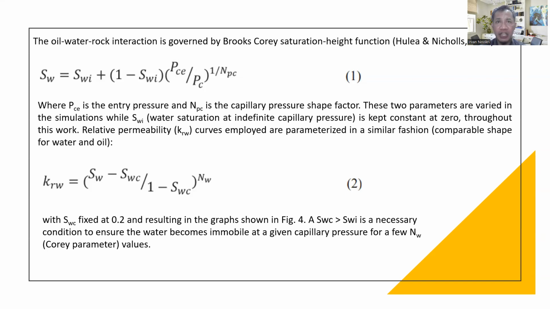The parameterization involves fixing the connate water saturation SWC at 0.2, which ensures the water remains immobile at specific capillary pressure for a certain value of the Corey parameter. This condition is necessary to accurately model the behavior of water and oil in the rock formation being studied.